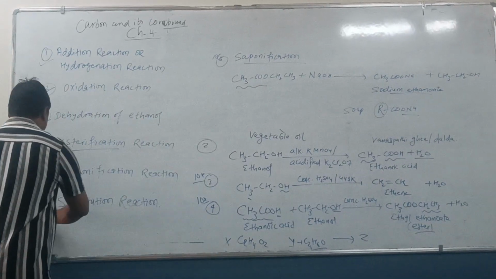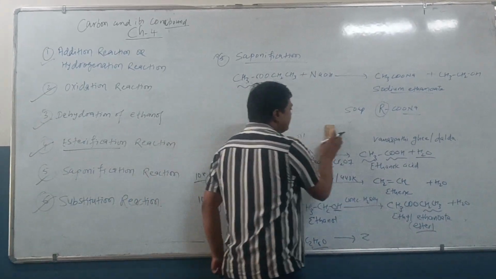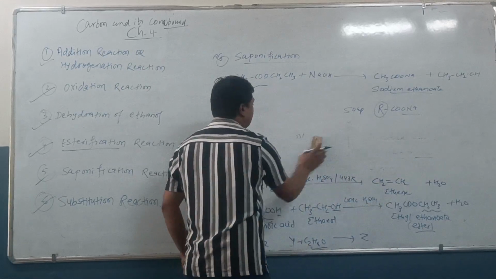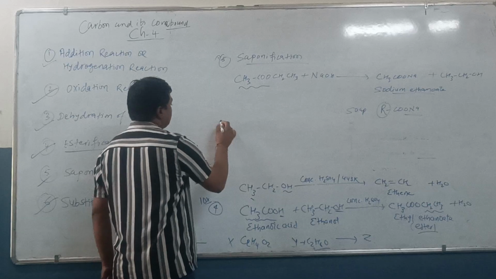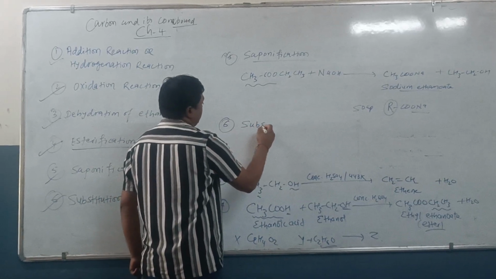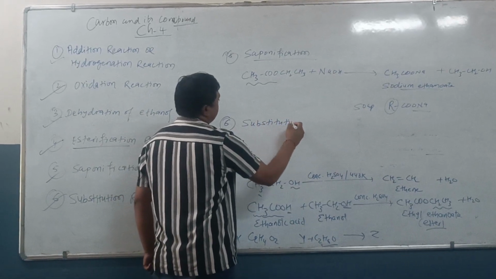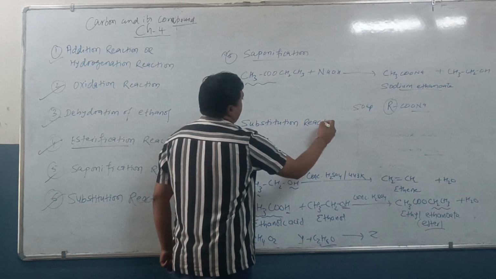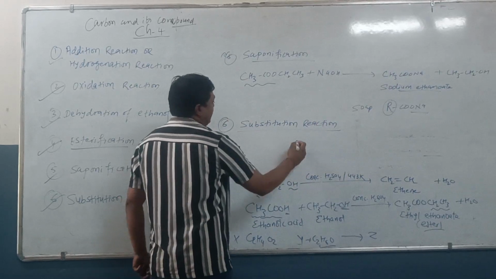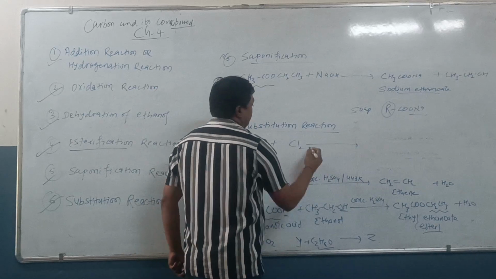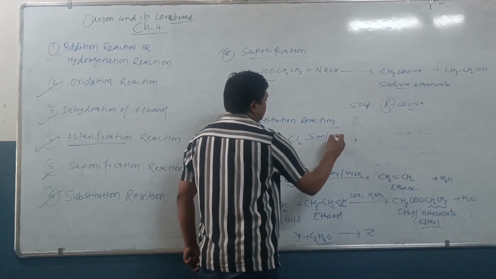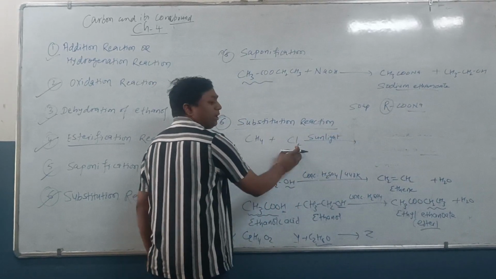Last reaction is what? The substitution reaction. See children, substitution reaction takes place in alkanes. What happens, children? Here chlorine gas is passed through alkane like methane. In the presence of sunlight, one hydrogen is substituted by one chlorine atom.